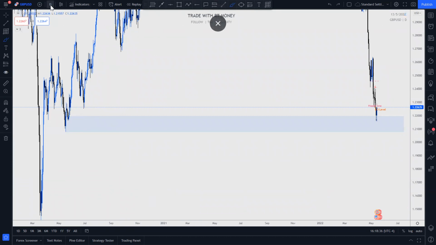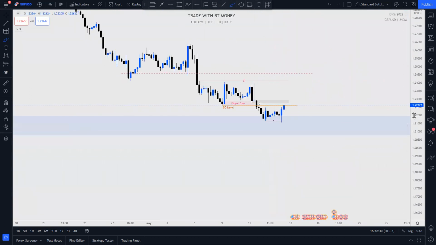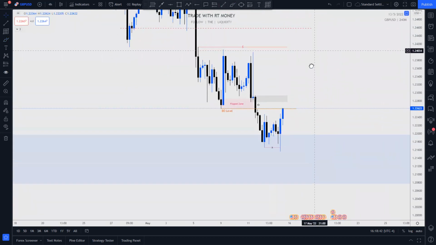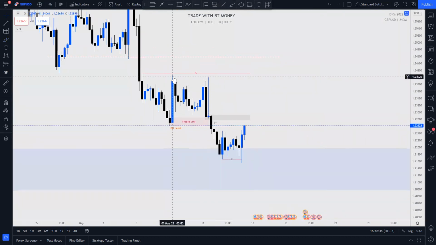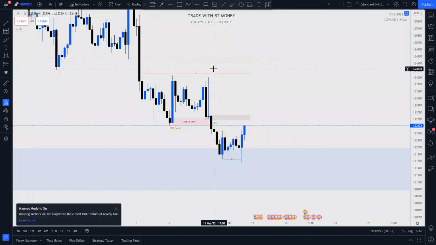Now, on the 4 hour, what we want to make note of is we have relative equal highs up here, right? This is a magnet, a draw for price. Okay, magnet mode is on. All right, I don't need magnet mode on.